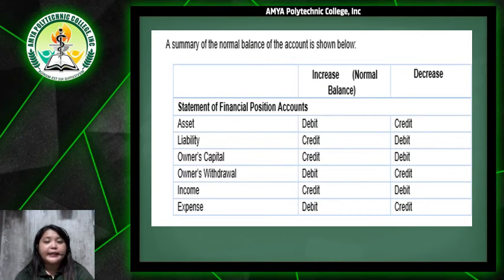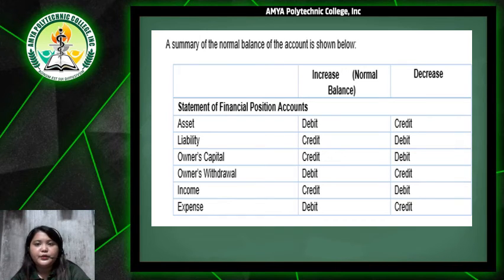So we have here a summary of the normal balance of the accounts. In our first column, we have the statement of financial position accounts. We have the assets, the liability, the owner's capital, owner's withdrawal, income, and expense. This is what I told you on the last slide.